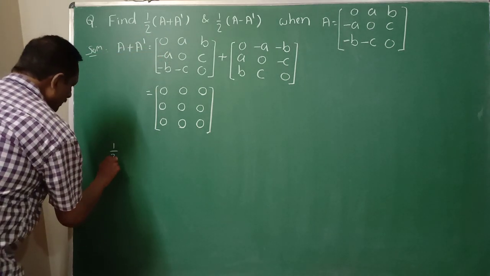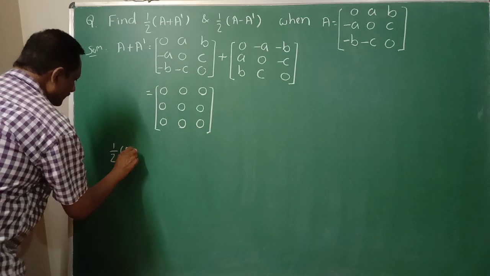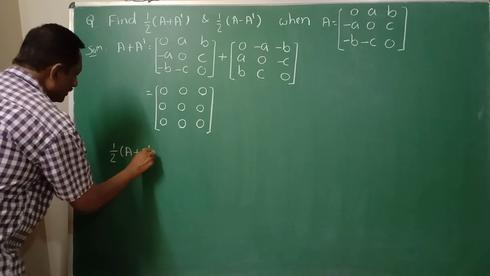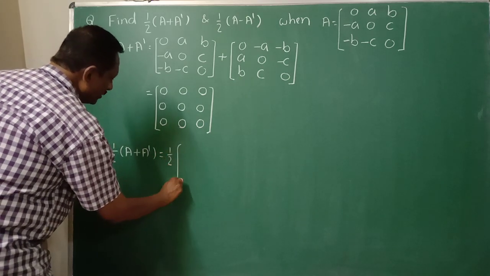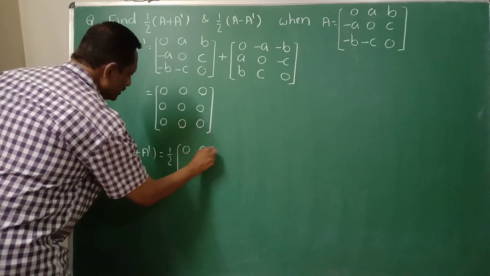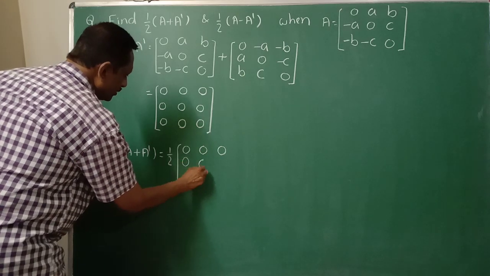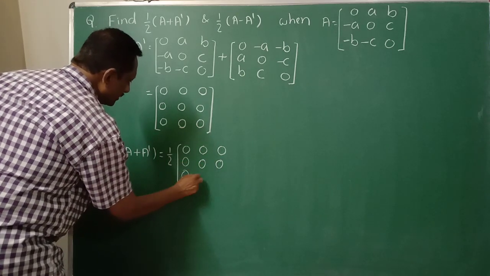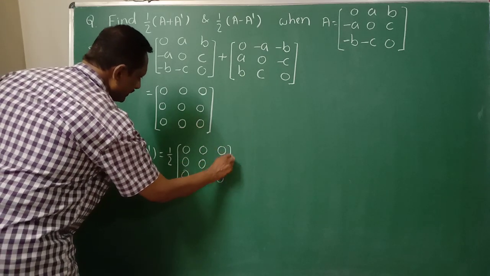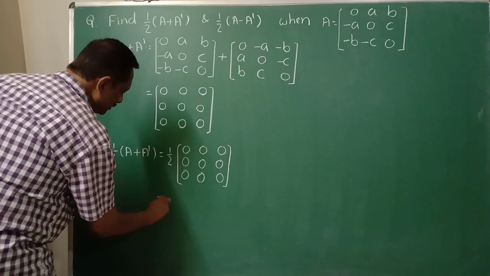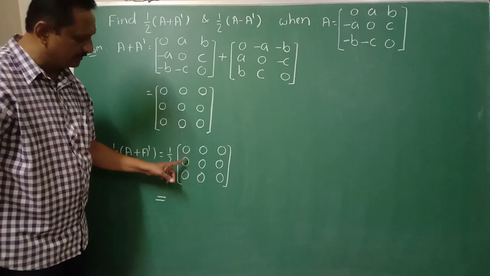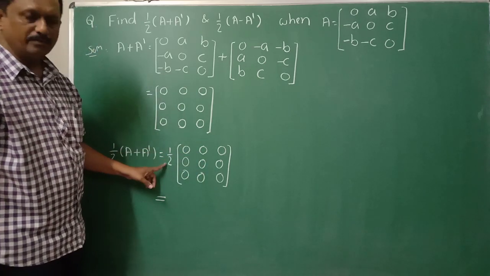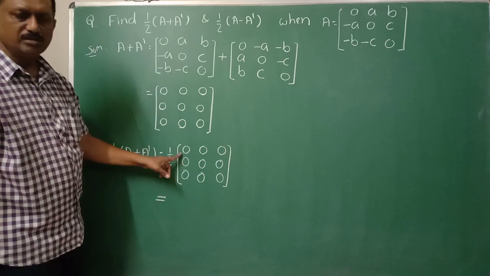Then 1 upon 2 into A plus A dash. Therefore 1 upon 2 into bracket A plus A dash is equal to 1 upon 2 into the matrix of all zeros. It is the null matrix. You just take 1 upon 2 inside this matrix, meaning multiply each element by 1 by 2. 1 by 2 into 0 is again 0.